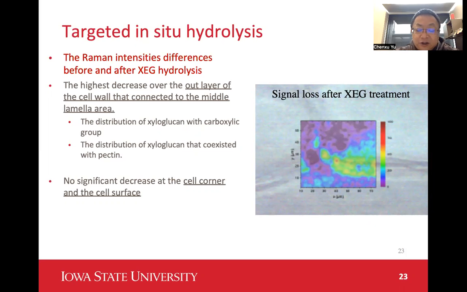Which tells us that those are the regions where the xylaglucan and the pectin are co-localized. Co-localized in this context usually suggests there's some cross-link between xylaglucan and pectin species in those regions. And those regions are also where the two species are protecting each other.